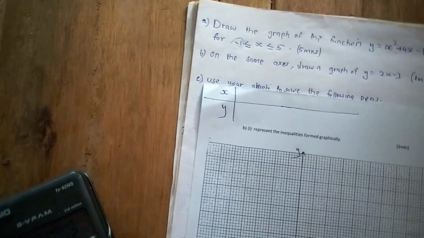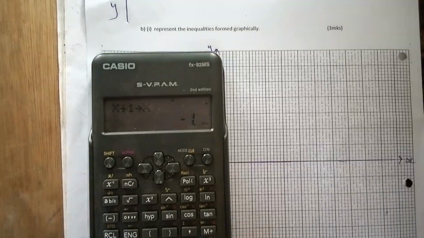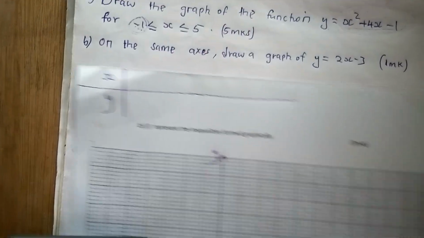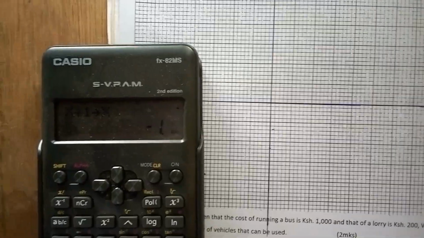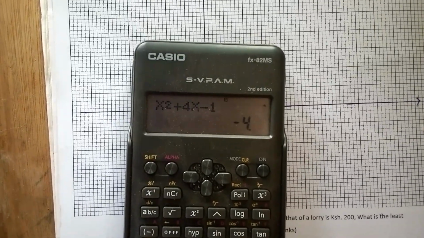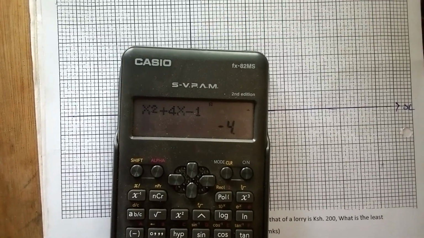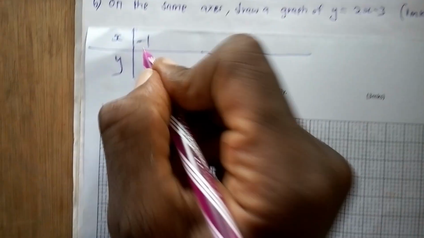When you press the equal sign, it will give you all the values. I have my table here. So equal sign, we have x as negative 1. So when x is negative 1, next equal sign, y is negative 4. Remember, y is x squared plus 4x minus 1. So y is negative 4.